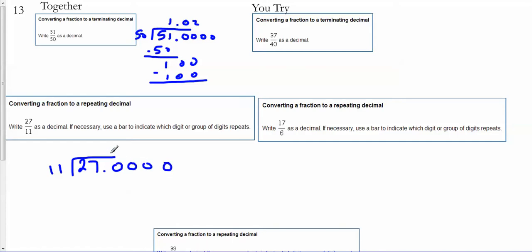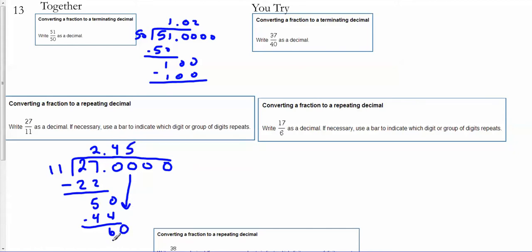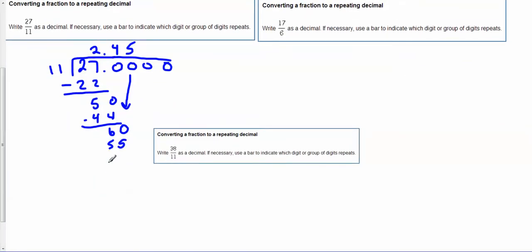So this is 2, 22, a decimal point up there, 4. Bring down the 0. Hopefully you're starting to see the pattern here.